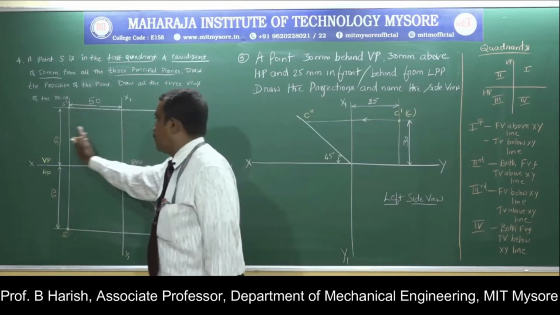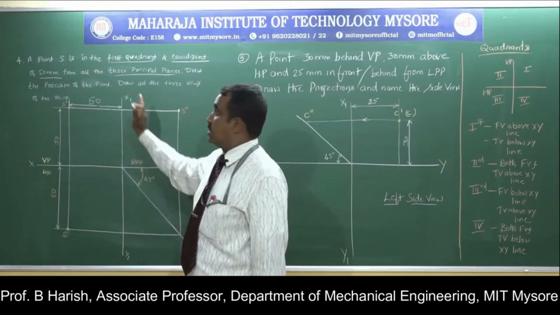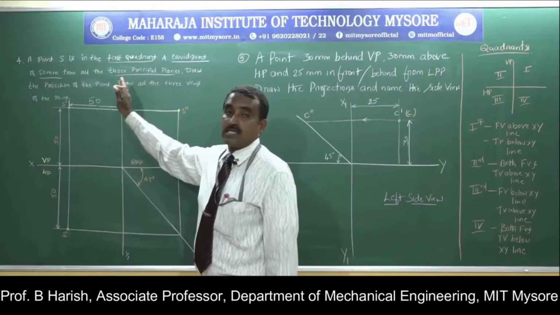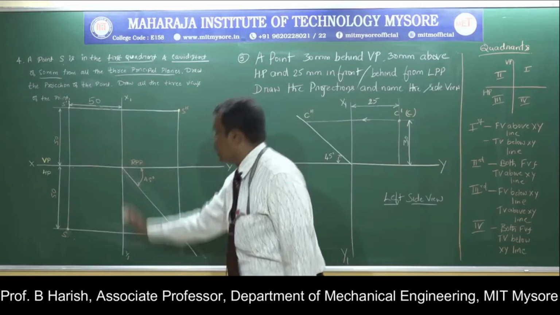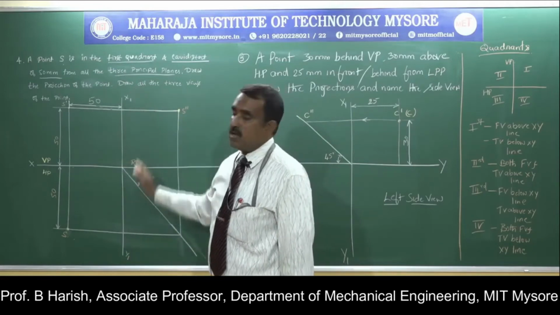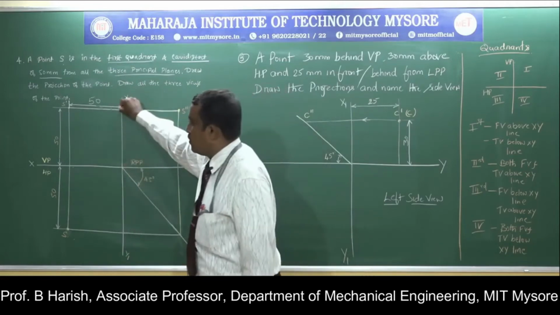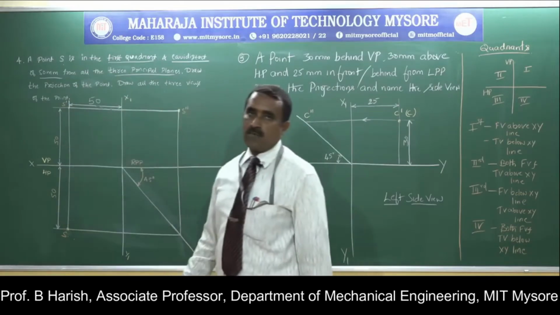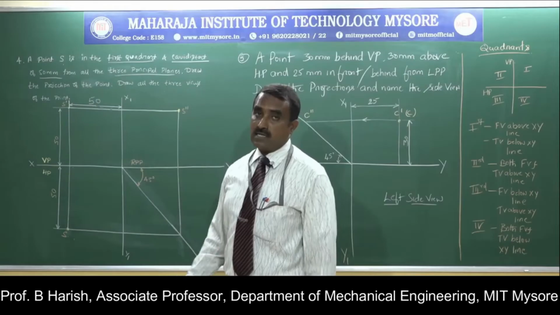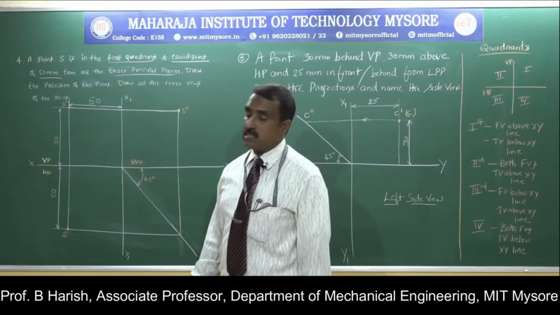Since it is equidistant from all the three planes, there I will draw a vertical projector, that is the X1 Y1 line. So 50 mm from the profile plane, 50 mm from the vertical plane, 50 mm from the horizontal plane. I have satisfied all the three conditions.